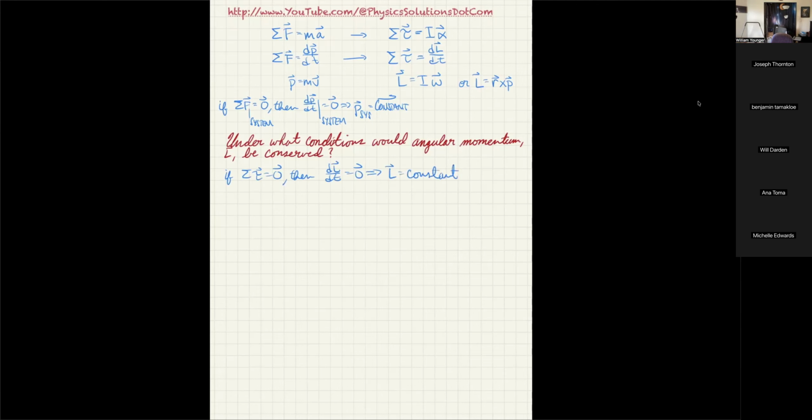And remember, L being equal to a constant is the very definition of conservation of L, which in this case is angular momentum. So that's really what we mean. Whenever we say a conservation law, we mean that quantity is equal to some constant.